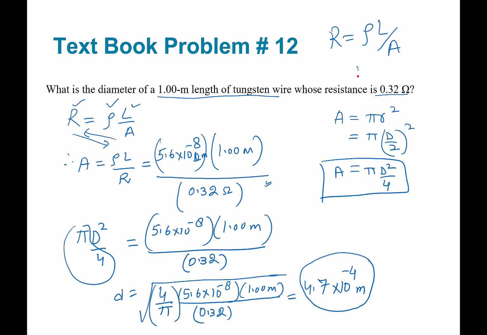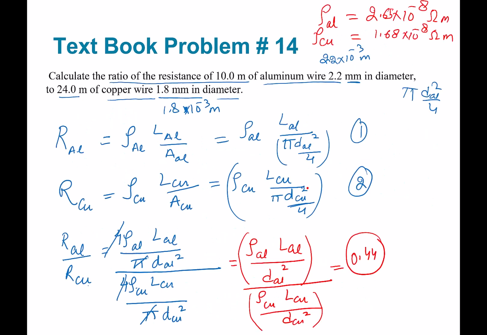Once you find the area, the area of a cylindrical wire is pi r square, which is pi times d square over 4. Just follow these steps, substitute the values and get the diameter. It's pretty simple, like the example we did just now. In the next problem from the textbook, follow the steps, try to understand the problem and check the solution as well.